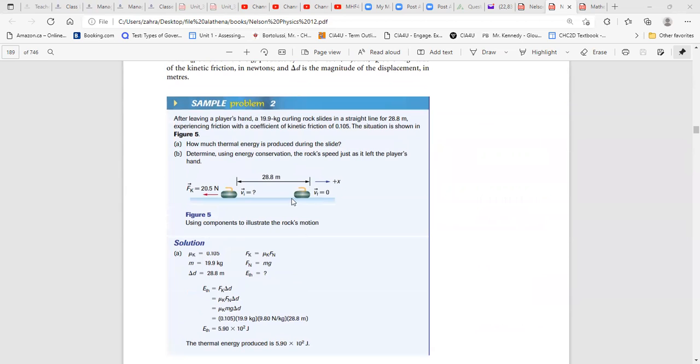This is part B. Determine using conservation the rock's speed as it left the player's hand. So since the final velocity will be 0, I want to find the initial velocity. The total displacement is 28.8.